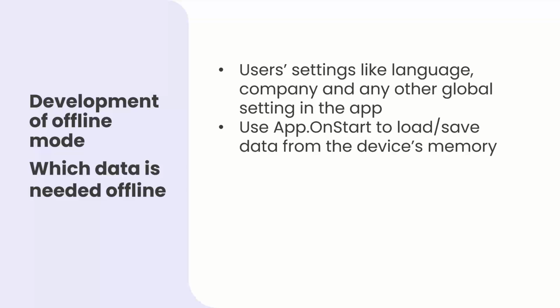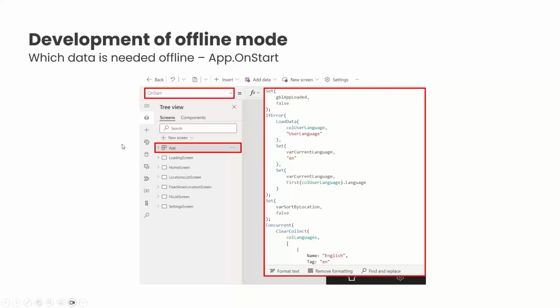And another thing, when thinking about data, you should get used to this property OnStart, because it would allow you to load and save data from the device's memory just on the start of the app. And where to find it? Here in the Power Apps Studio, you first go to the tree view.